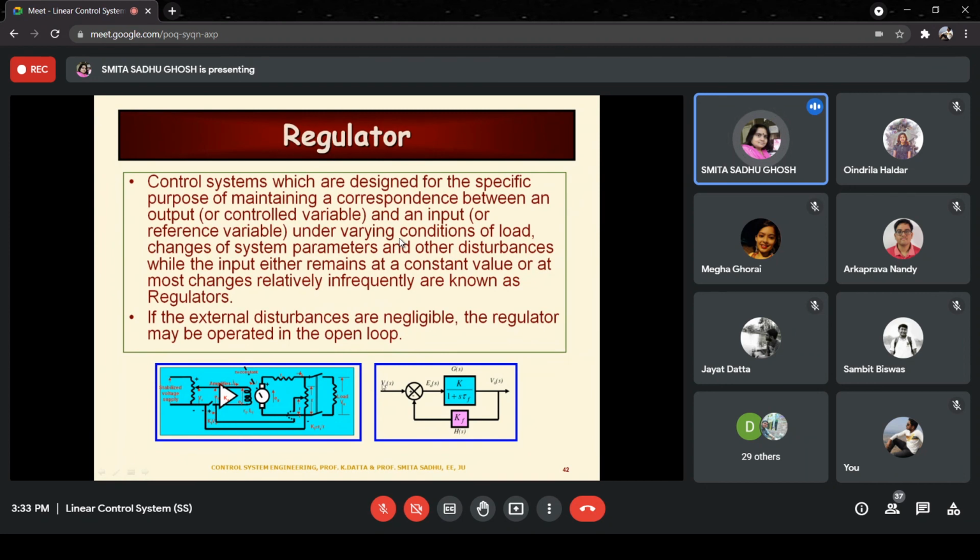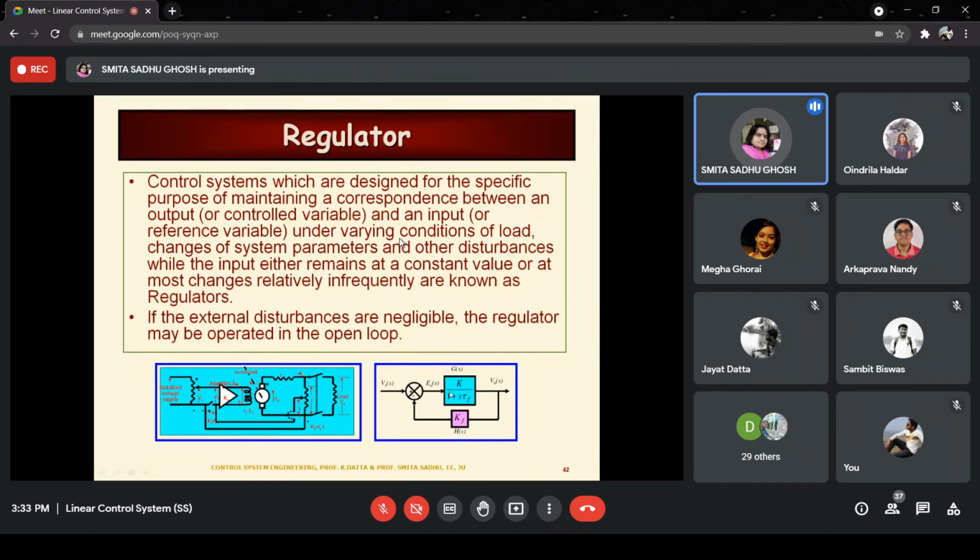So what we are saying is that the input is kept at a constant value or very near to a constant value, or at most changes very infrequently, maybe from one value to another, but almost most of the time it remains at the constant value. Under that condition, we want the output to also be equal to the input value, input meaning the desired input value.